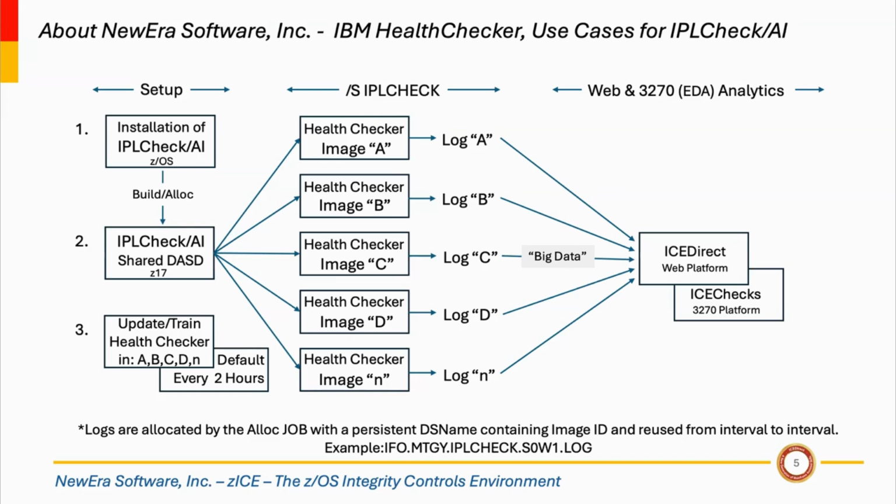And from that point forward, it will produce a log. And then under the control of the IBM Health Checker for z/OS, it will continue its process of running and executing new logs, overriding the persistent data set that's created for each of the individual systems.